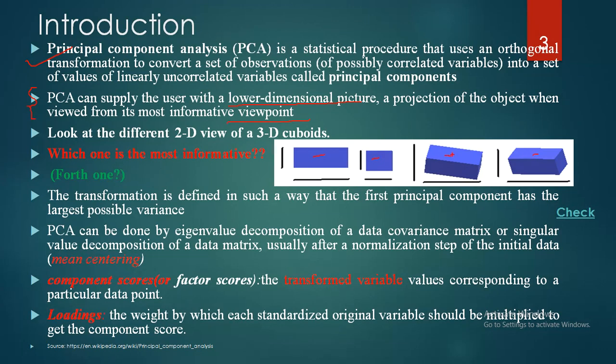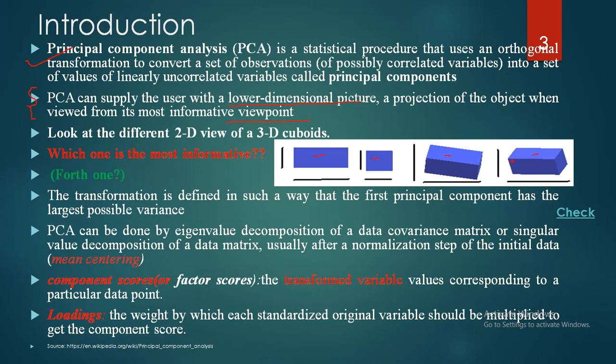In fact, the real object in all the diagrams is a cuboid only. But here, as our viewpoint is not very informative, we are not able to capture enough information to say that the object is a cuboid. In this case, we are able to say that it is a cuboid because we are looking from the viewpoint which captures maximum information.